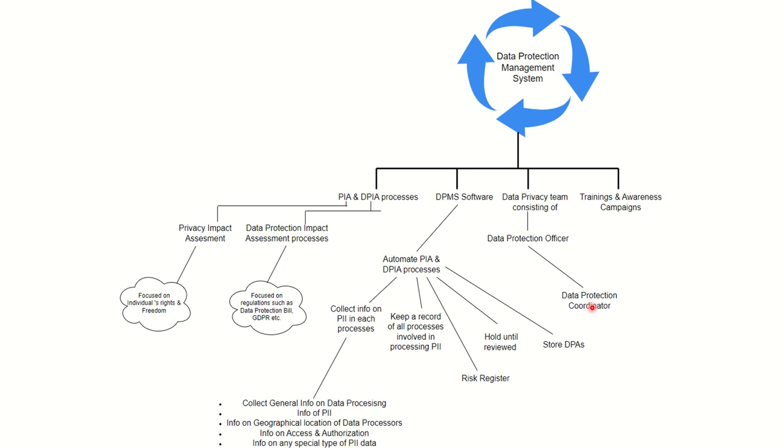So, taking an example of MNCs, suppose it's a Europe-based organization having its headquarters somewhere in the UK, then you will have the data protection officer sitting in the headquarters in the UK.